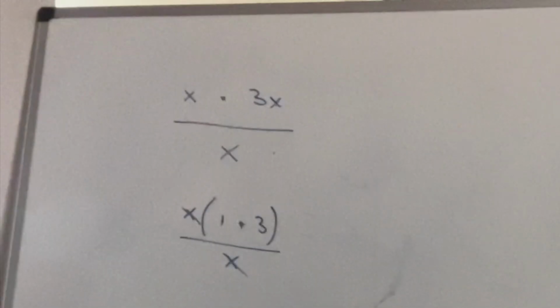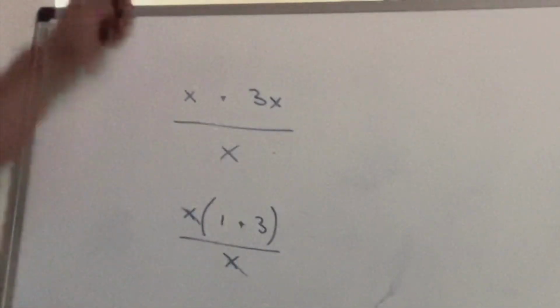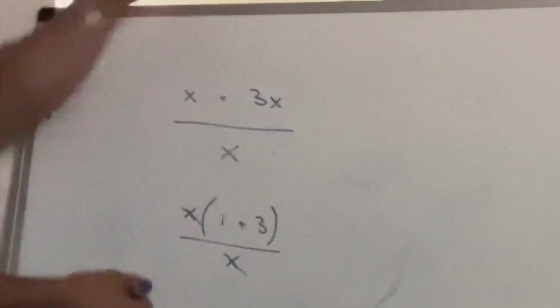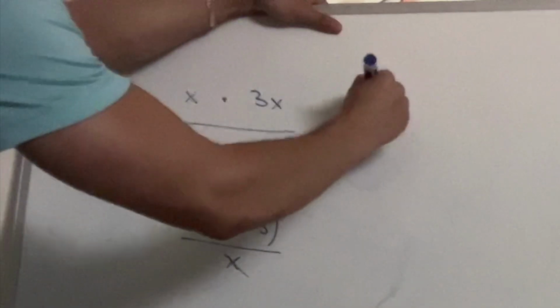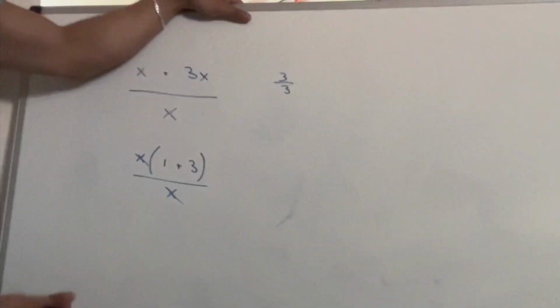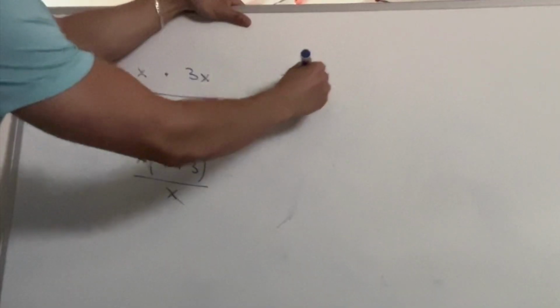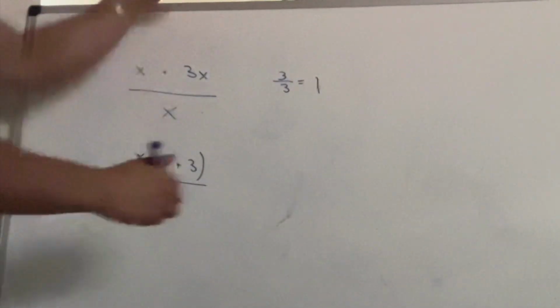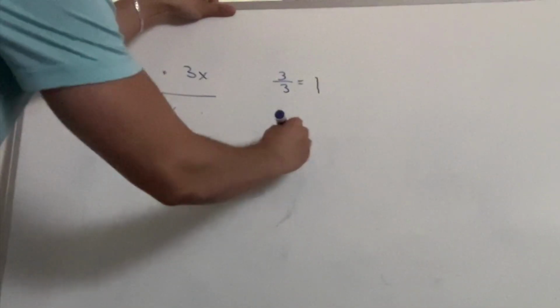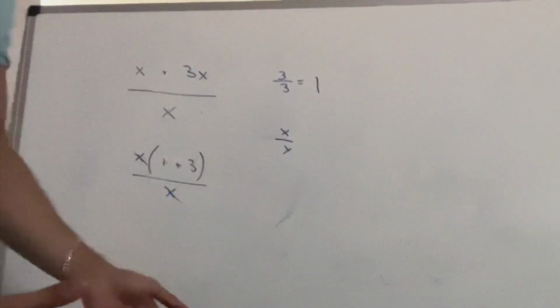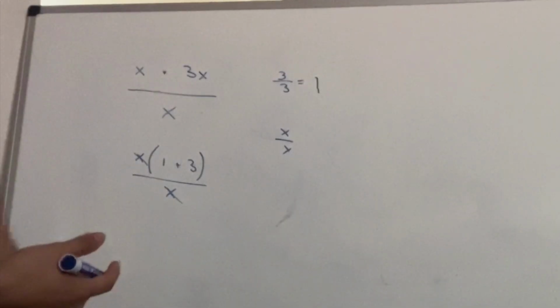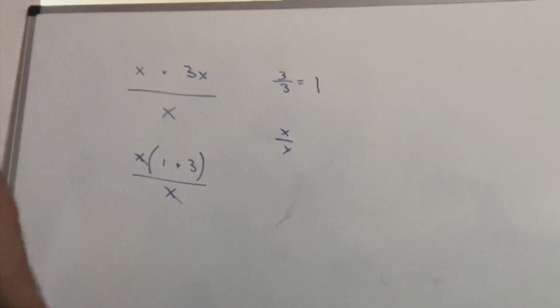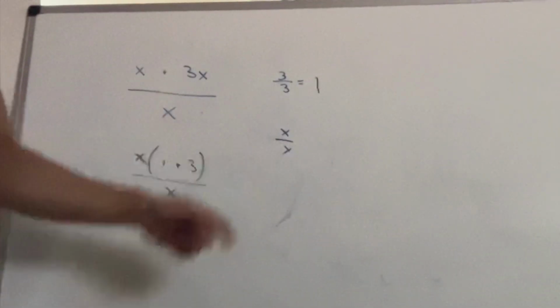Now you're probably wondering what happens to the x. Well, let's think about it like this, right? If I have 3 divided by 3, what's that? That's just 1. 1 times anything is itself. So if I had x over x, anything I plug in for x, let's say x equals 5, right? 5 divided by 5, that's just 1.